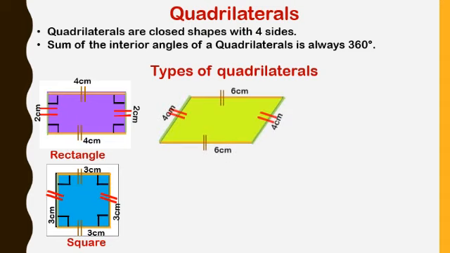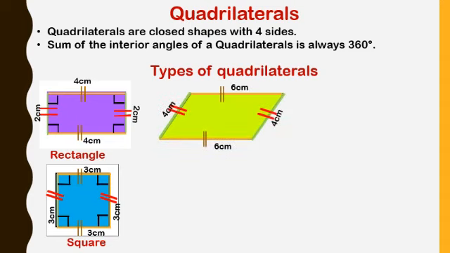Next, which quadrilateral is this? This is a parallelogram. Here also you can see horizontal sides are 6 centimeters each and vertical sides are 4 centimeters each. So we can say opposite sides are equal and opposite sides are parallel also.